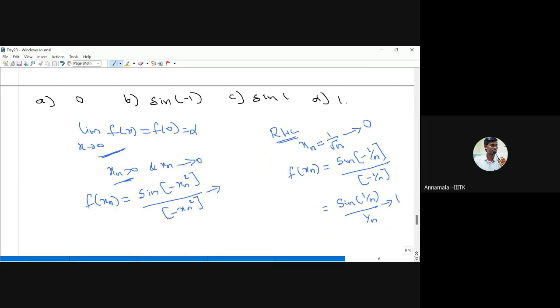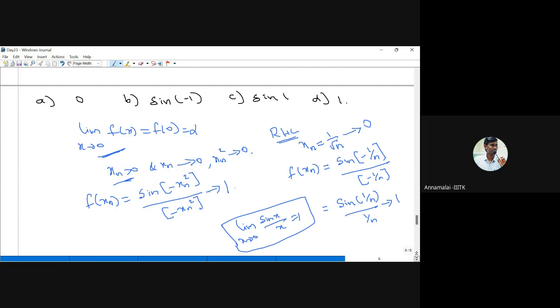Since xn converges to 0, xn square also converges to 0. Because we know that the limit as x goes to 0 of sine x by x is 1, this goes to 1.